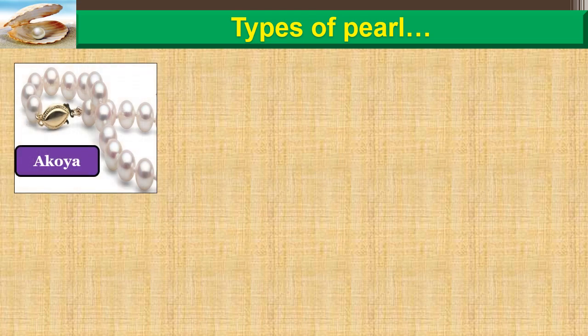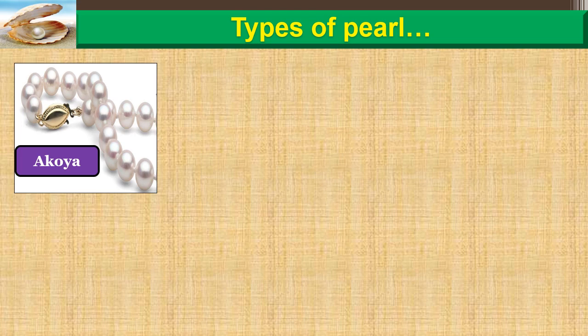Most importantly, the Akoya pearls. These are cultured in Japan, China and Vietnam. Japan is the best producer of the most beautiful Akoya pearls in the world. These are perfectly round in shape, white and shining with bright mirror-like luster.